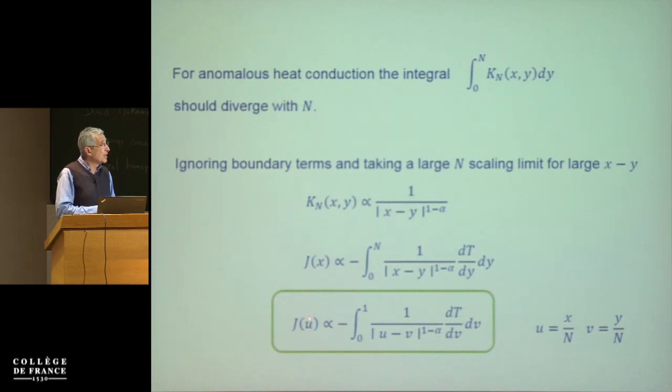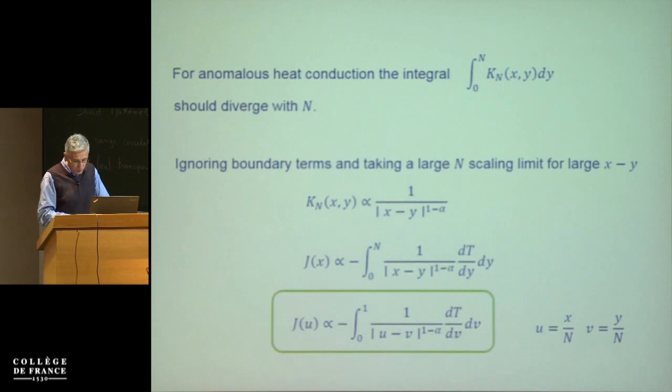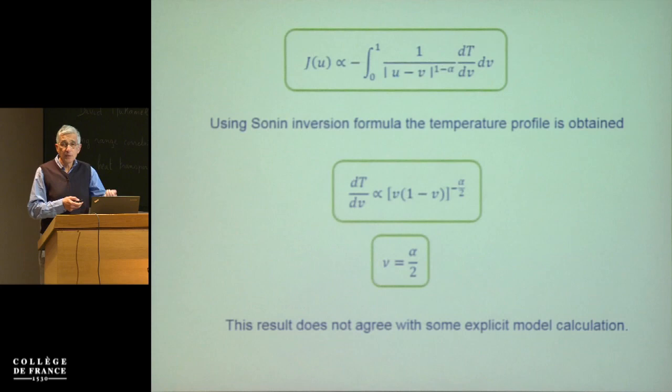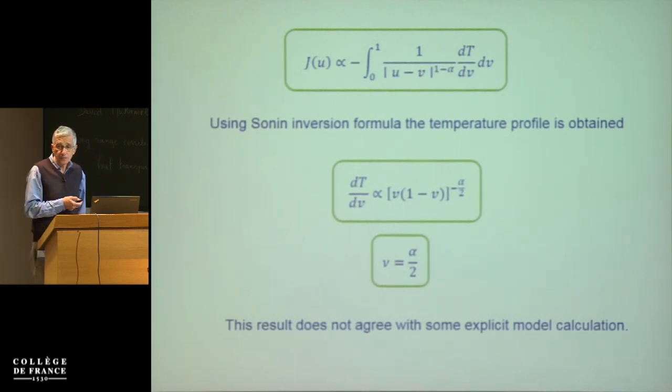And the point is that J is just a constant, because you have a one-dimensional system. In steady state, it's a constant. Inverting this should give you dT/dv. This can be done for this particular kernel, and it turns out that dT/dv is proportional to v times (1 minus v) to the power minus alpha over 2, where alpha is the exponent of the anomalous heat conductivity.